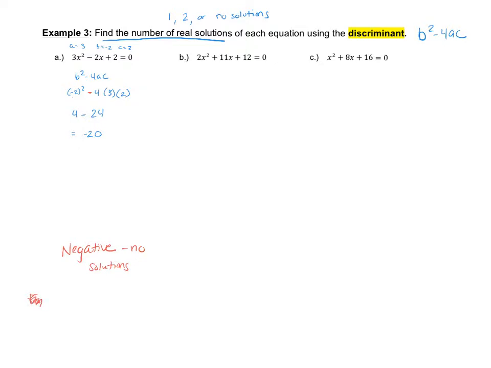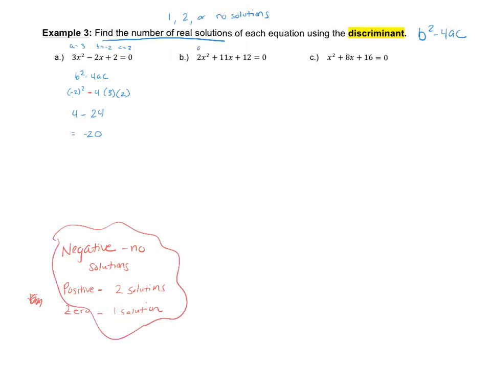If you end up with a positive number, then you have two solutions. This is something that you have to memorize. If you end up with 0, then you have only one solution. So this needs to be memorized.